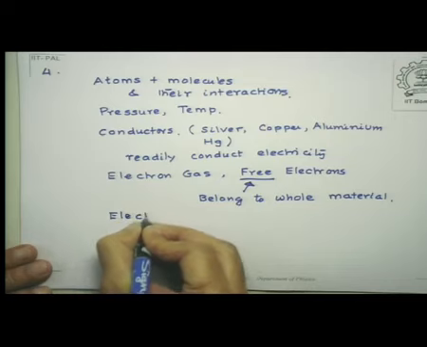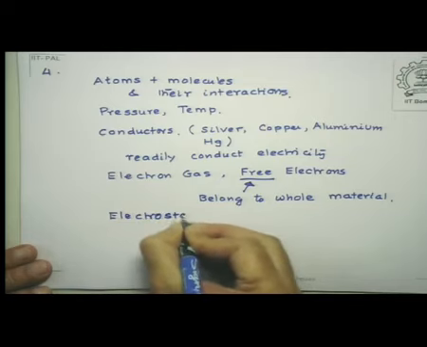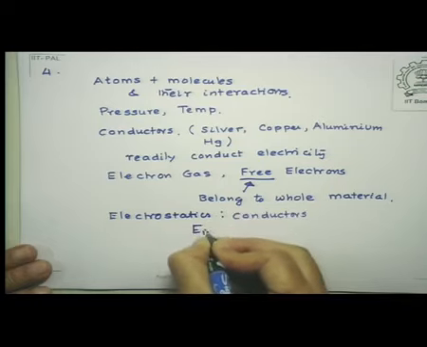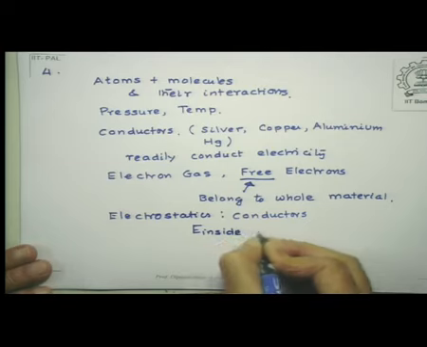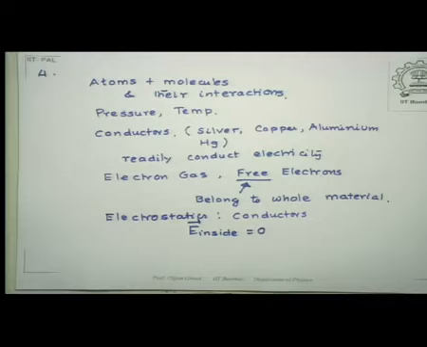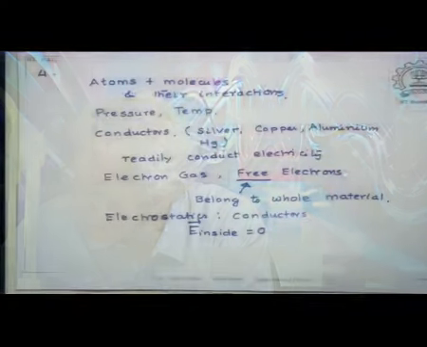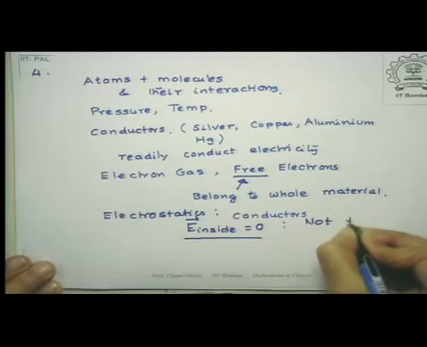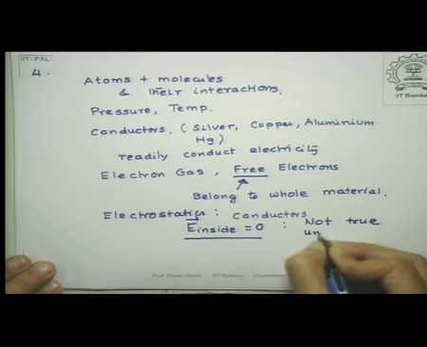So in electrostatics, E inside is 0. What we will see now is that under dynamic condition, this statement will not remain valid. So I will come back to it again, but we will say not true under dynamic condition.